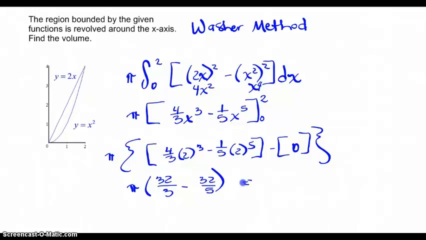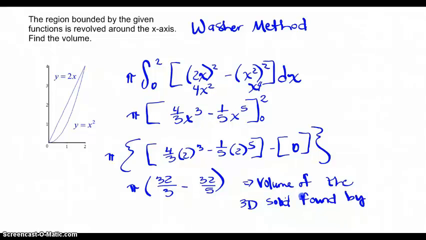So this is the volume of the three-dimensional solid that was found by revolving the area given about the x-axis.